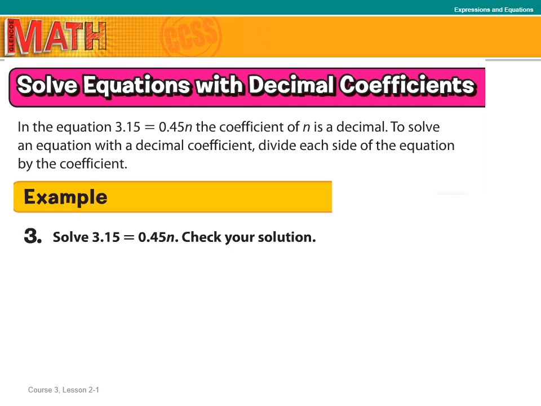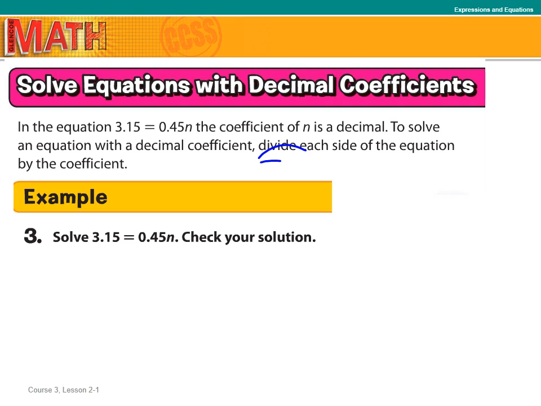For our next step, we're going to be solving equations with decimal coefficients. In the equation, 3.15 is equal to 0.45 times n. The coefficient of n is a decimal. To solve an equation with the decimal coefficient, divide each side of the equation by the coefficient. So we're going to divide. So we take 3.15 equal to 0.45 times n.